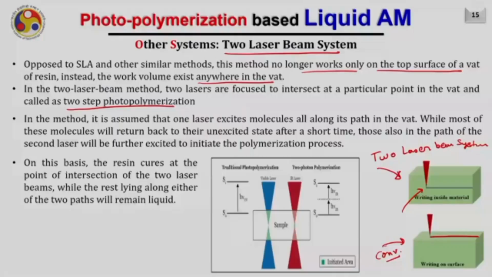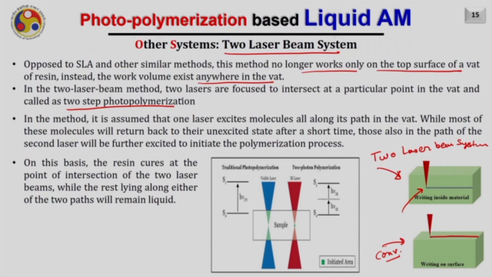Wherever the two laser beams interact with each other, only that portion of the liquid photopolymer wet gets polymerized. The remaining portion doesn't get polymerized. Therefore, by appropriately aligning the tip or the focal point of the two lasers inside the liquid bed, you can create your parts. It is also called two-step photopolymerization.